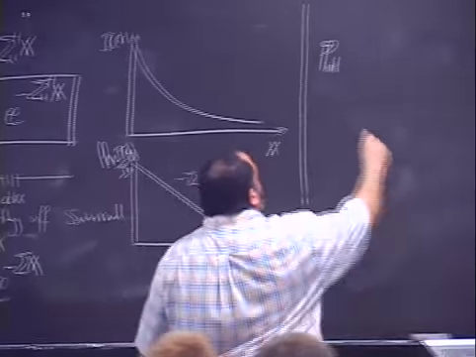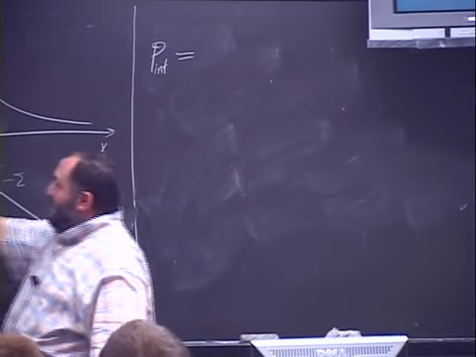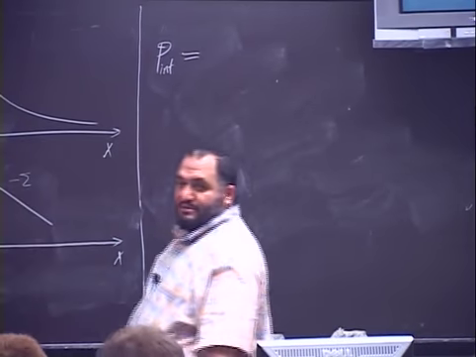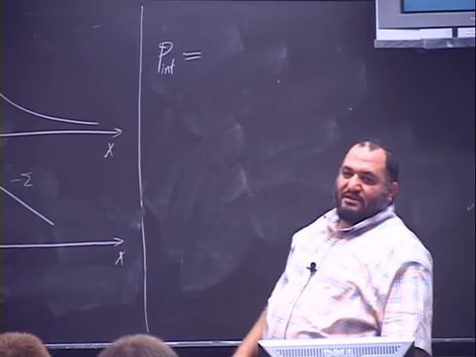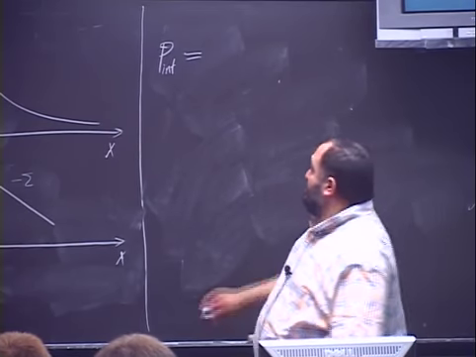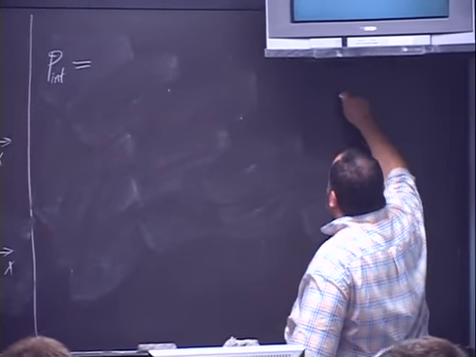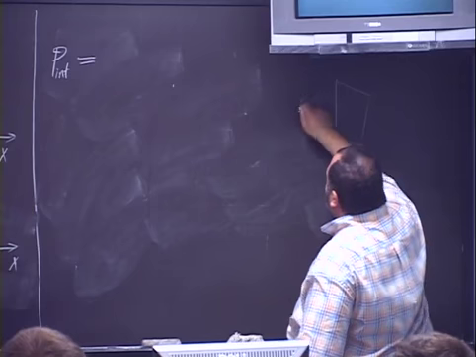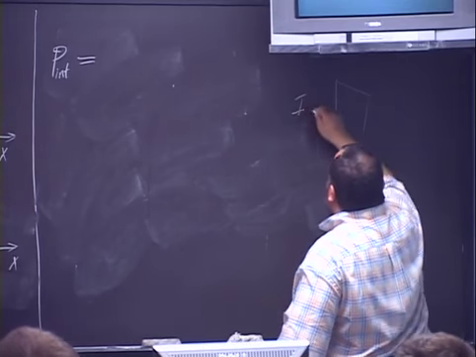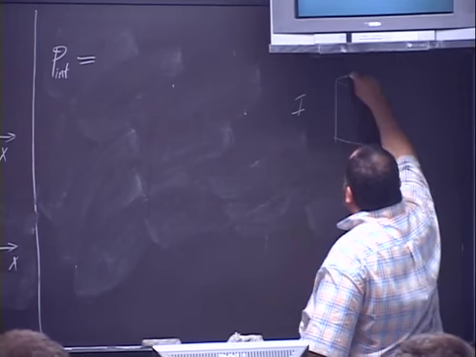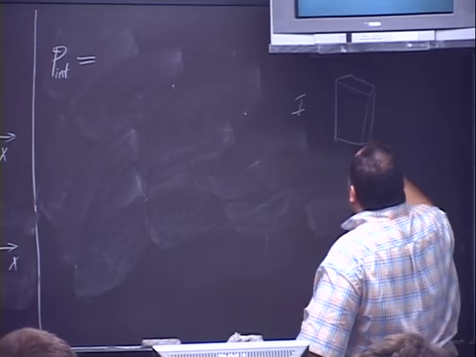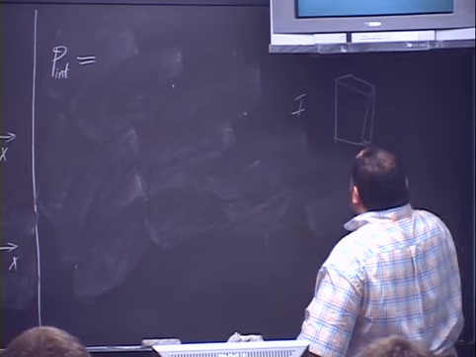So what's the probability that you will interact in delta x? I just discussed it a couple of minutes ago. You remember when I showed you the target, and I said that you have here I, and the number that will interact in delta x is delta I.